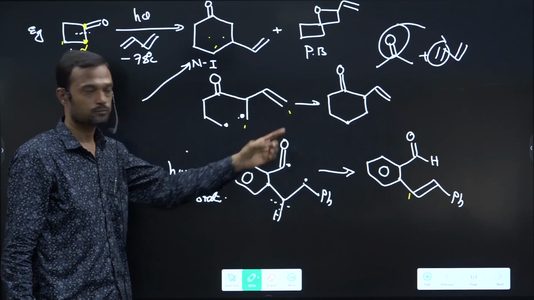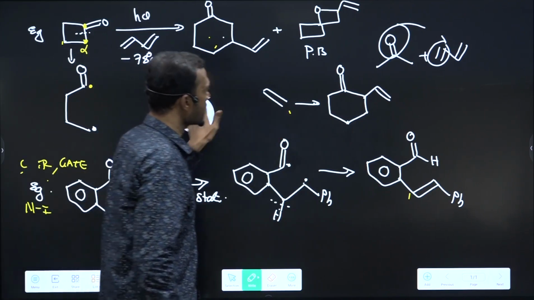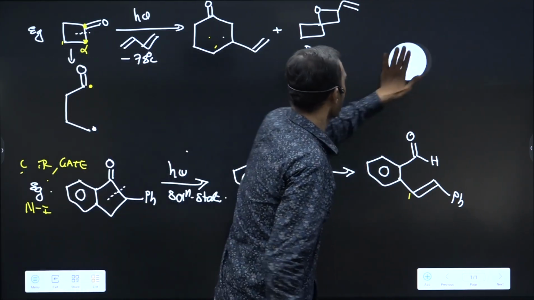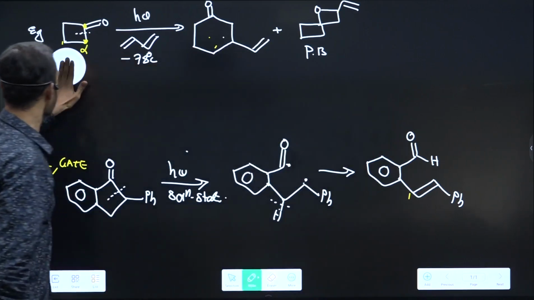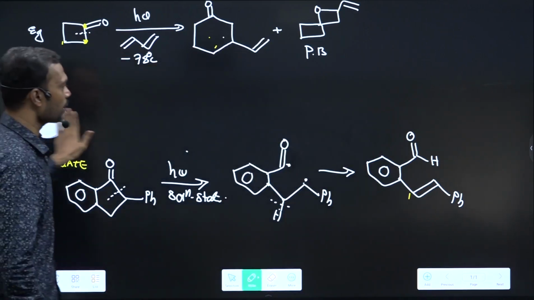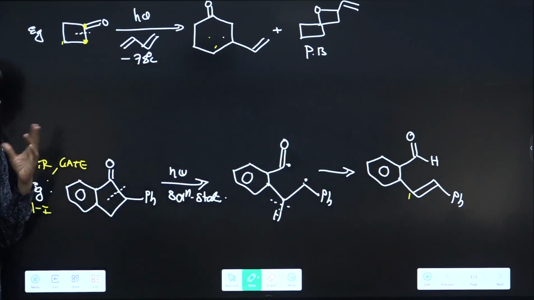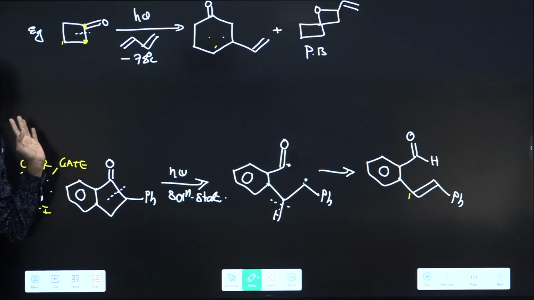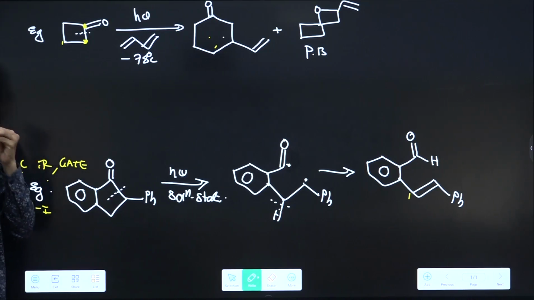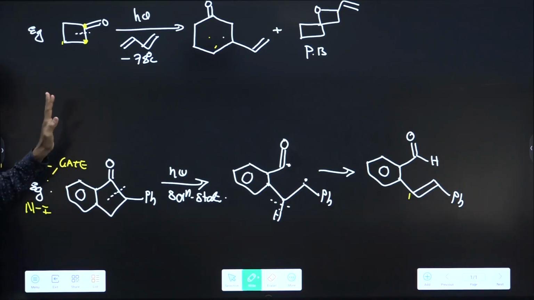Is it clear? Generating a stable radical is the ultimate target. Inner radical coupling, terminal radical coupling. If the inner one is coupled, the terminal is unable to stabilize by conjugation. That is the reason. Is it clear?